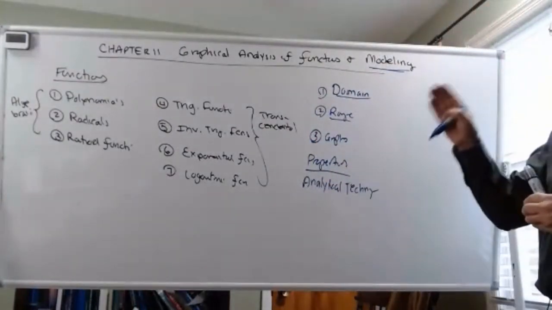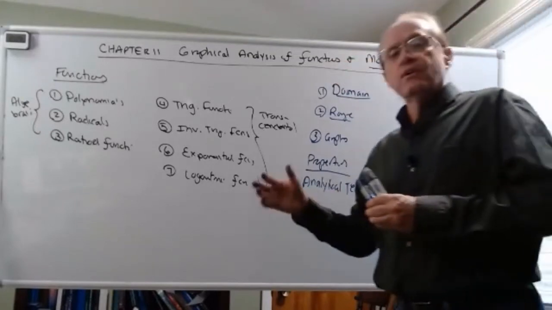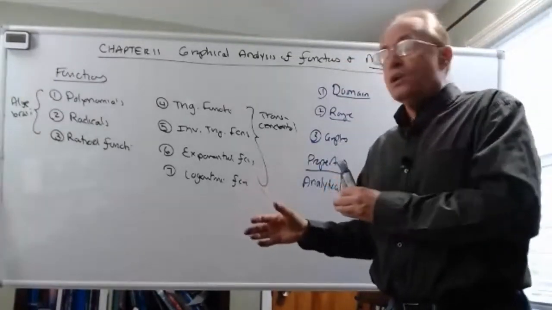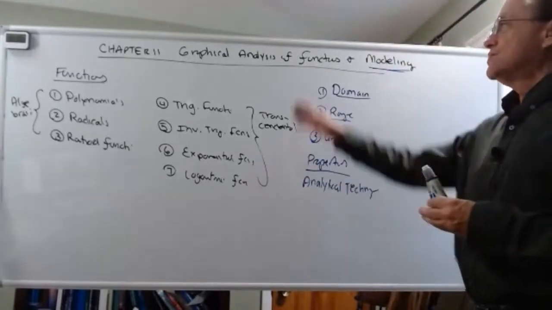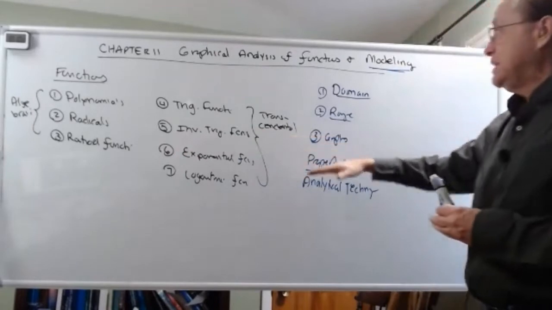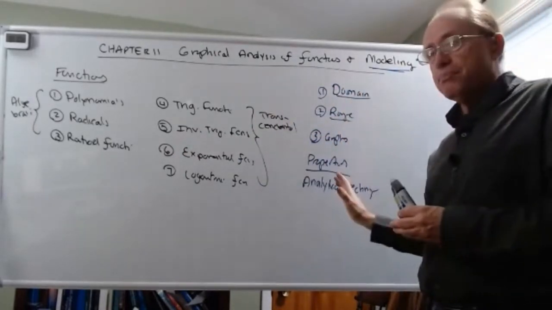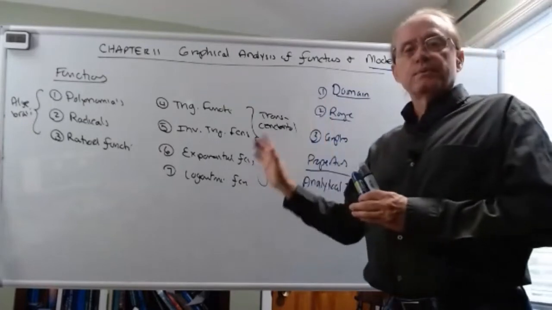And what we're going to do now is expand upon this. Because this is essentially where you start the calculus. Your objective in calculus is to analyze all these functions, going beyond what we did here. So if you have this as a starting point, the calculus will be so much easier.